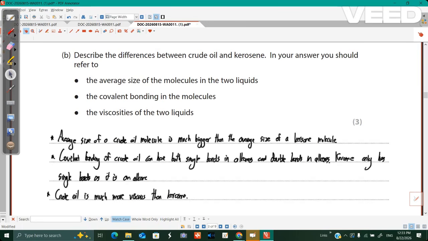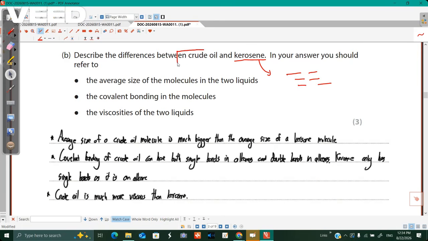Crude oil. Okay. Describe the differences between crude oil and kerosene. In your answer, you should refer to the average size of the molecules in the two liquids. So now both are right. Even kerosene is also a fraction. It contains several hydrocarbons with similar lengths.